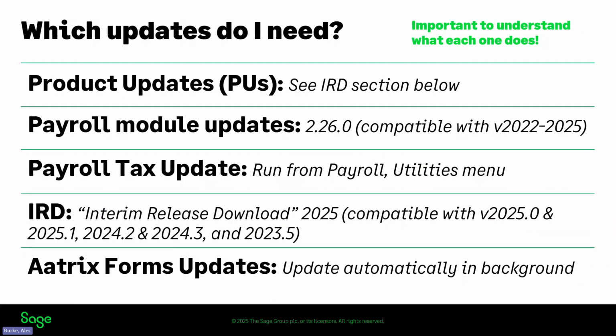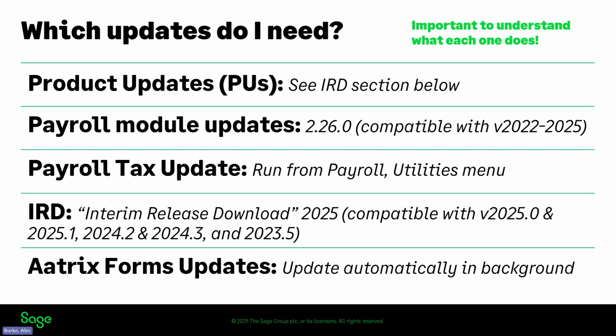So finally, the IRD is our special year-end update. It's always been called the IRD simply because it comes in between the regular updates. This is the one that covers specific program changes in preparation for filing tax forms. This year, it's more important than ever to install the latest updates, even if you don't think you need them now, because they are going to lay groundwork in program code for things coming next year.